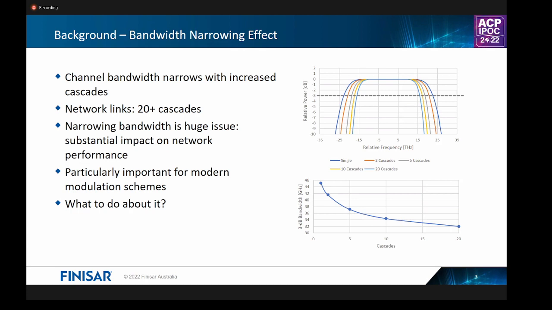I'm sure you'll know that a reduction in bandwidth has a substantial impact on network performance. This effect is particularly of concern for the more modern modulation schemes, where there's much more emphasis on the edges of the channel. We can see here in the figure how the 3 dB bandwidth evolves after cascades for this particular channel shape.